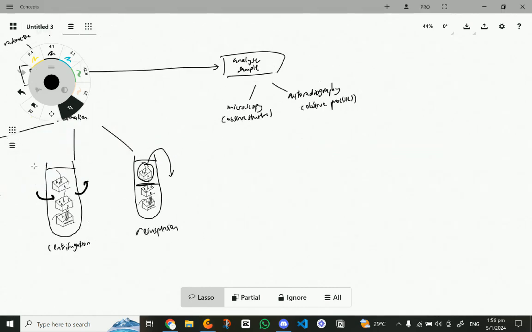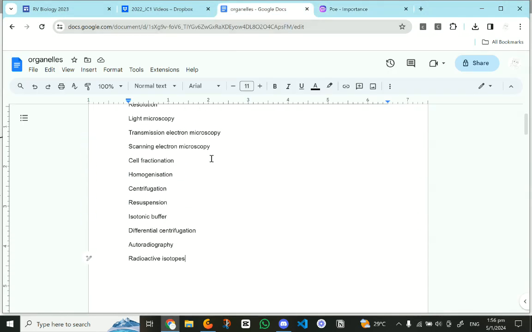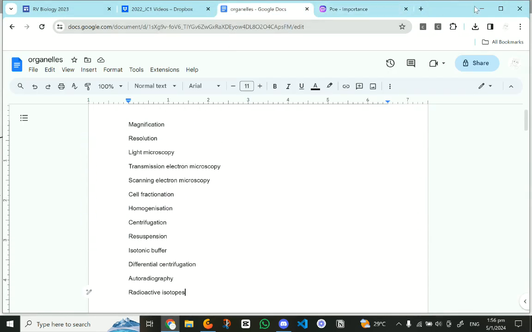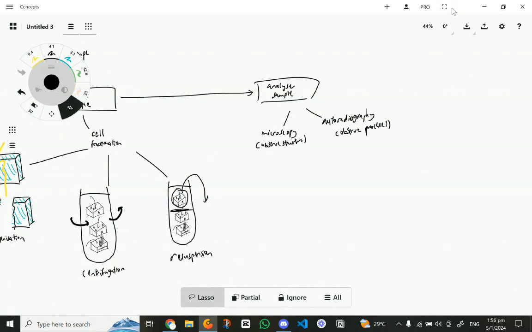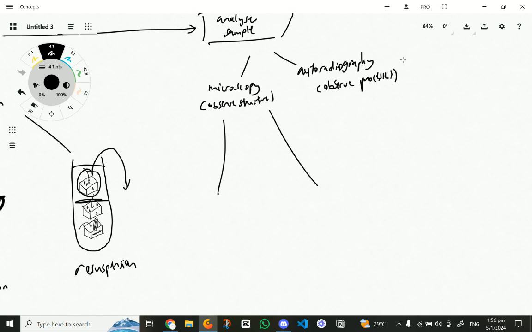Something like that. Okay, next up it's the microscopy. Yes. So how do I want to categorize these?